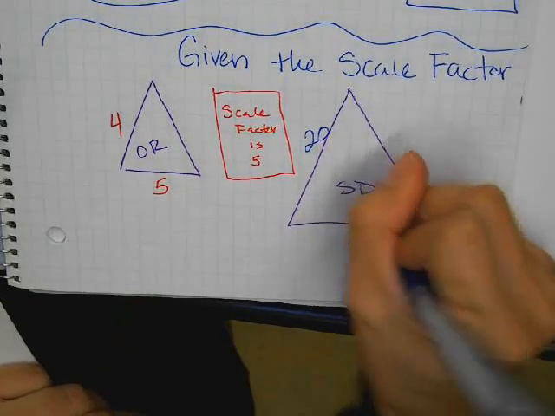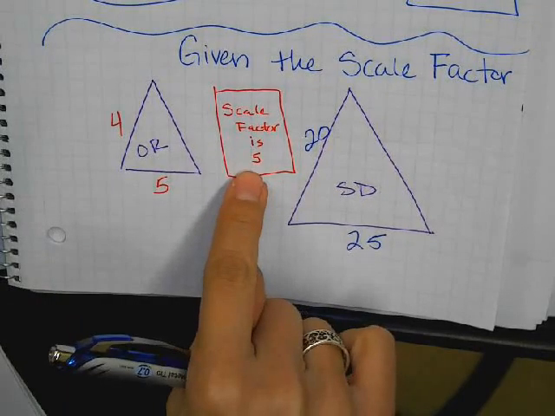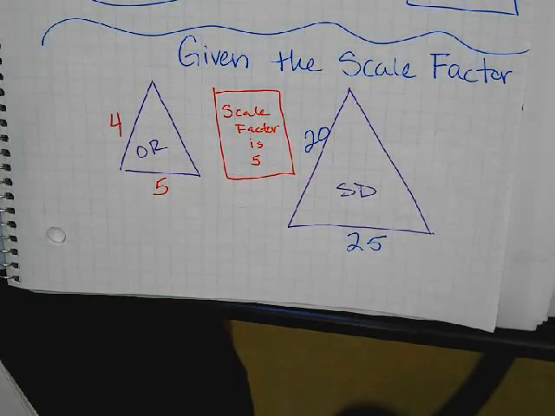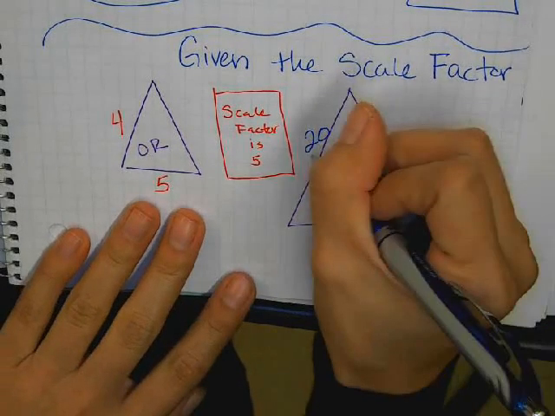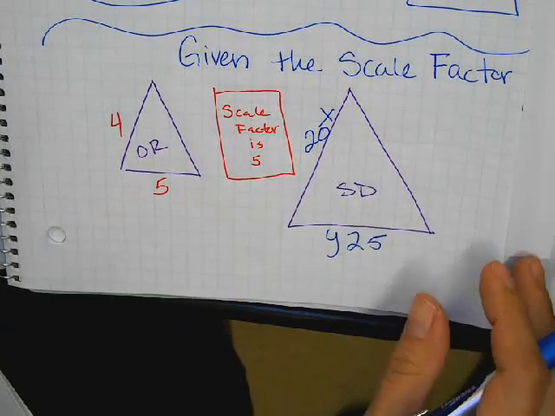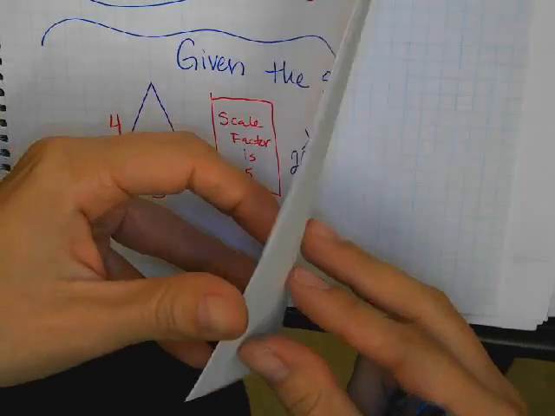So if you're given the scale factor, all you have to do is multiply by it. These are two different things you have to do. This is like when you're missing this one and this one; the other one is you're missing this. So it's two skills that you have to know how to do. Obviously, one skill is easier than the other. It's like adding and multiplying.